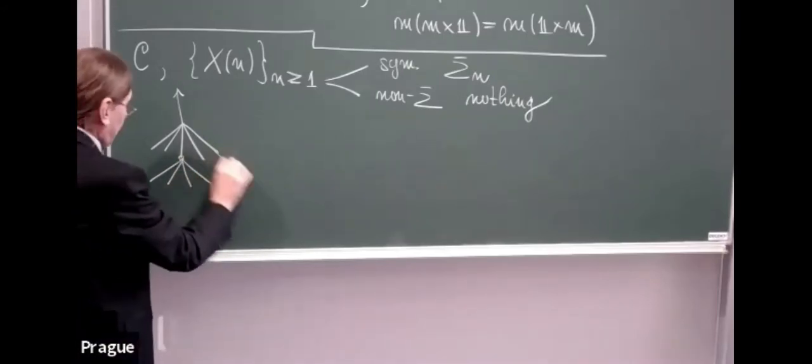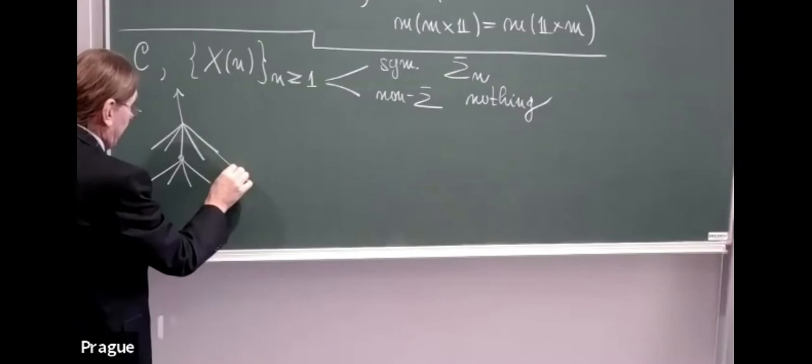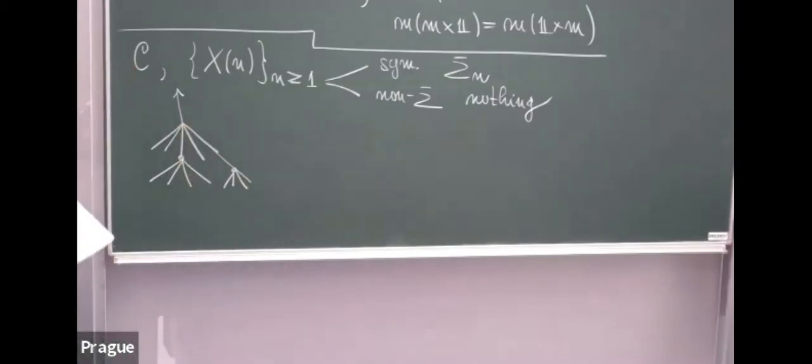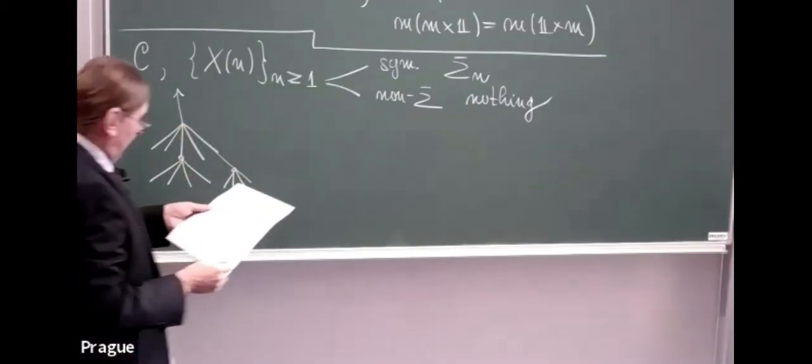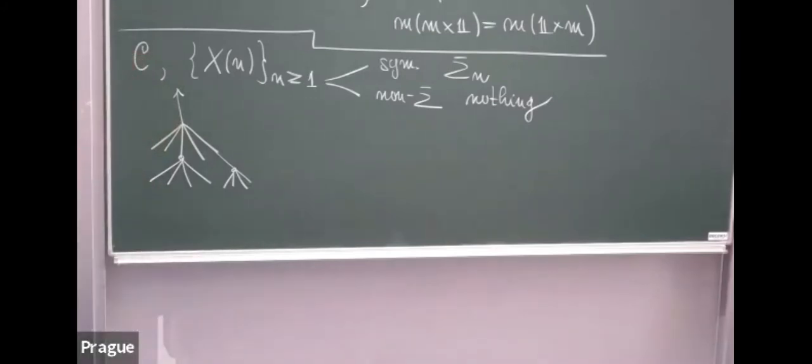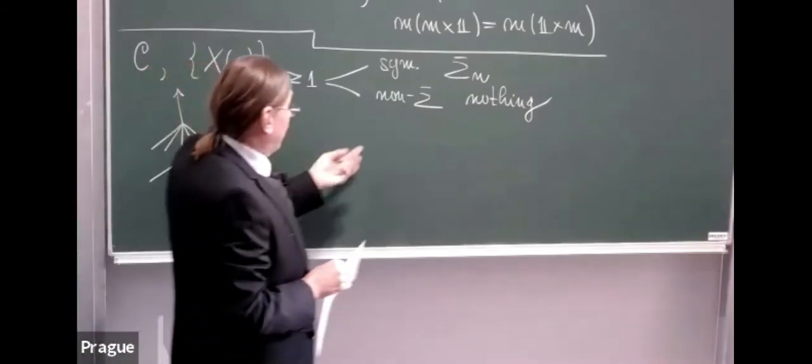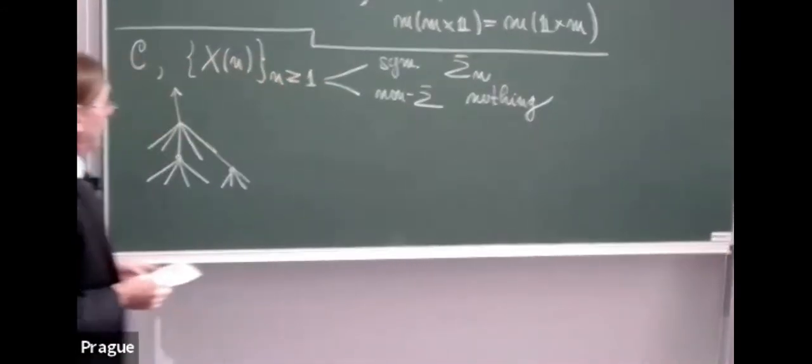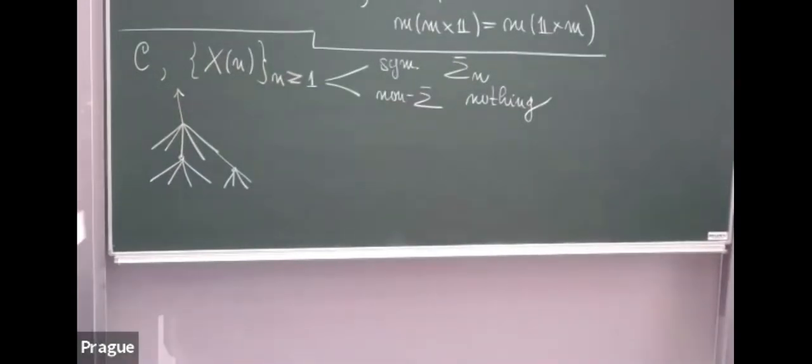I may do this kind of composition, and I may go on, and I would find that the pasting schemes are rooted, which is the same as directed, trees, which are planar in the case of non-symmetric operads.